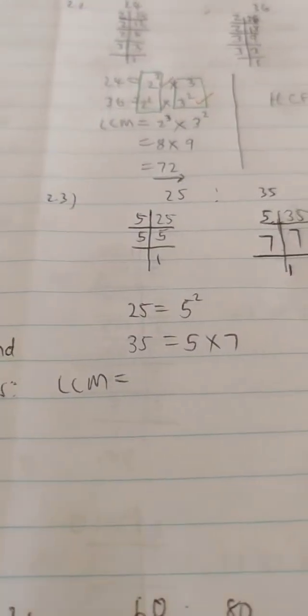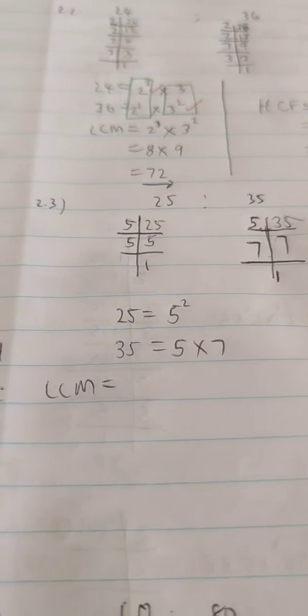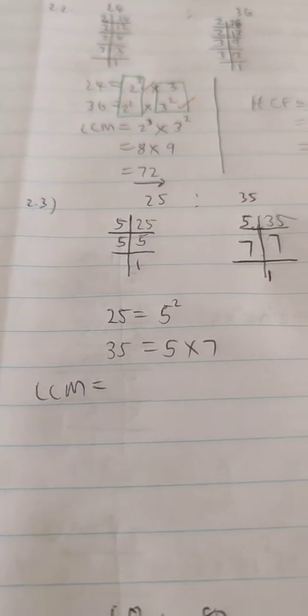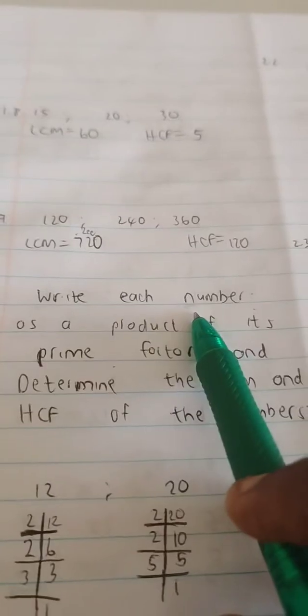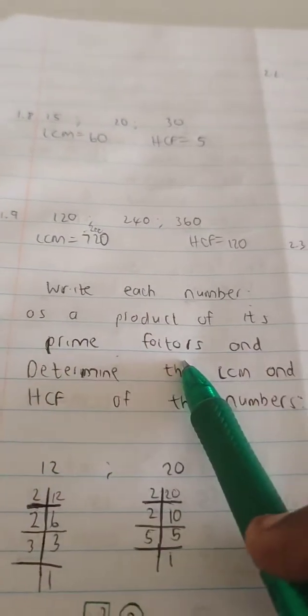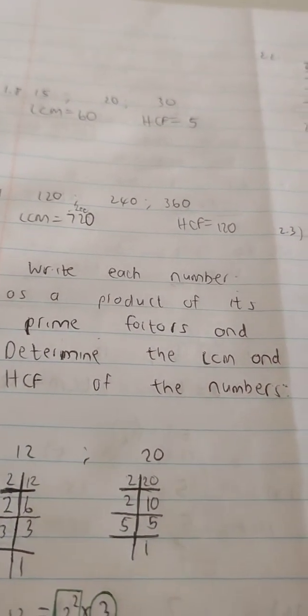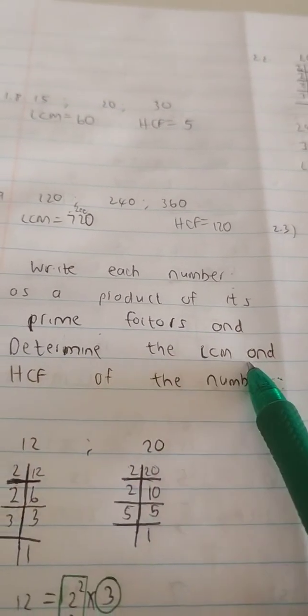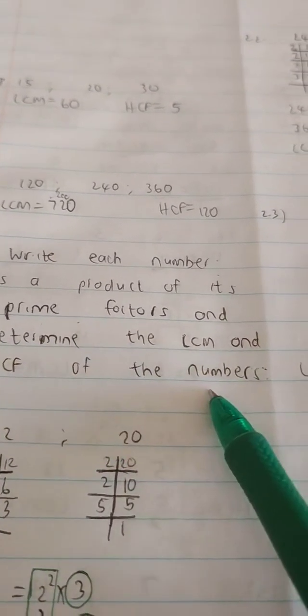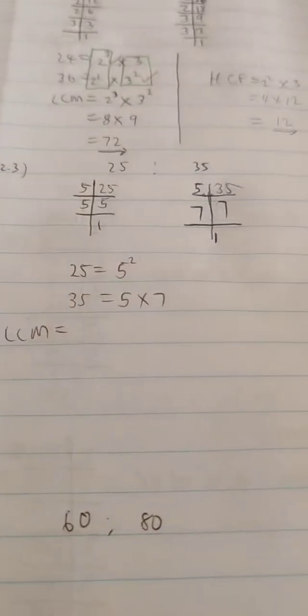We are writing each number as a product of its prime factors first, using the ladder method. Then after that, we are determining the LCM and the HCF of the numbers. We are answering this main question for different numbers.